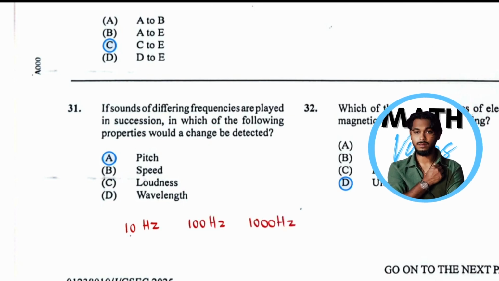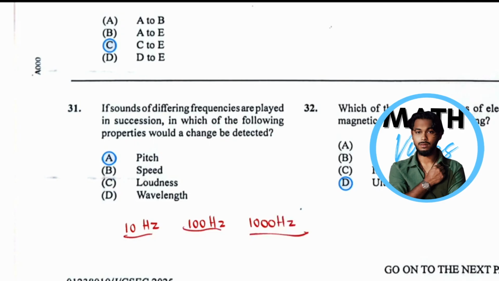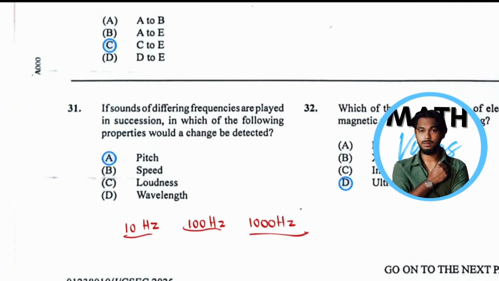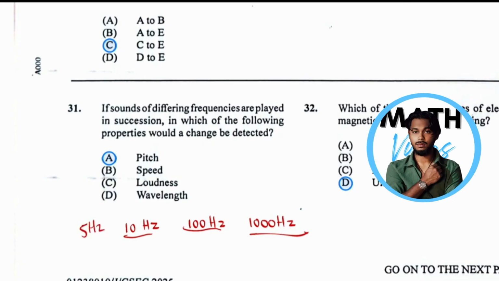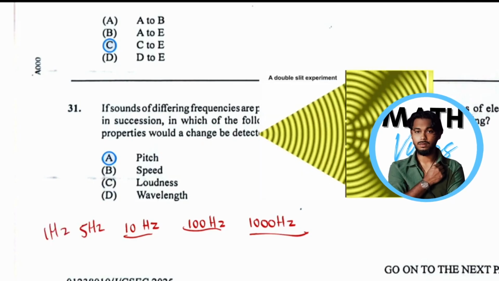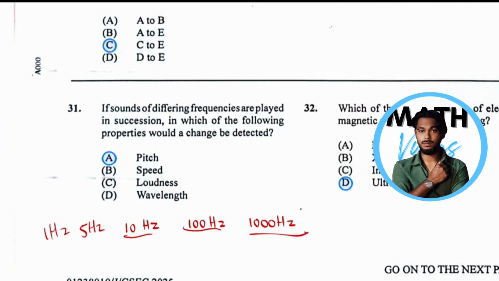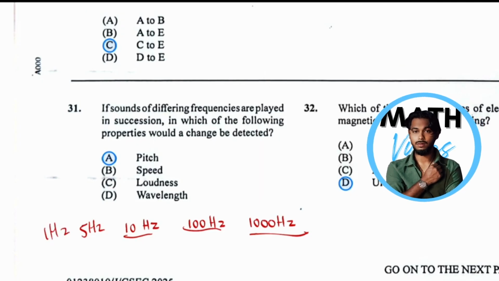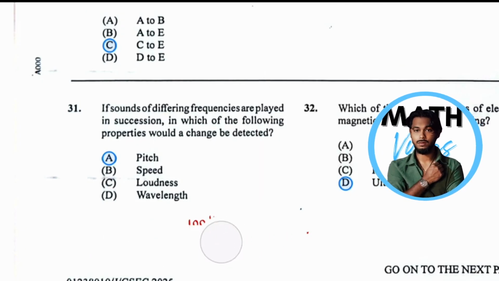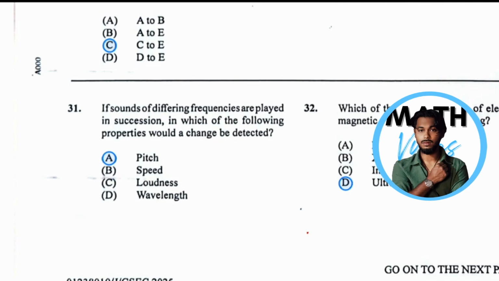If I'm playing frequencies in succession, it could even be lower frequencies. I could start off at 10, go to 5, then go to 1 Hertz. But the main thing you need to recognize is if you are changing frequency, you are changing pitch. Remember, frequency has to do with pitch, either how high or how low something is perceived.